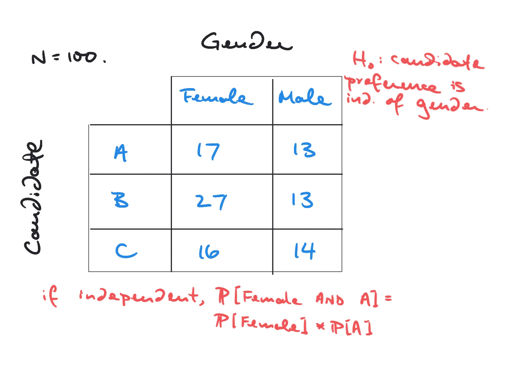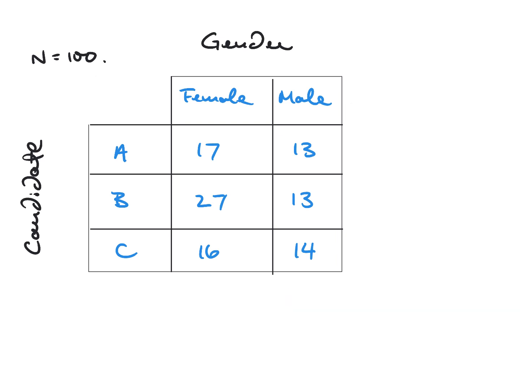So to do this, we need to add basically the probabilities into the table. Okay, so let's calculate. Let's add to this table overall. Overall, the number of people who like candidate A is 30, right?